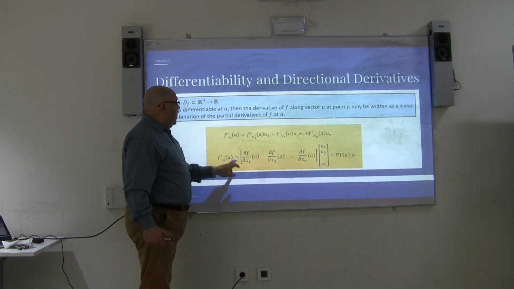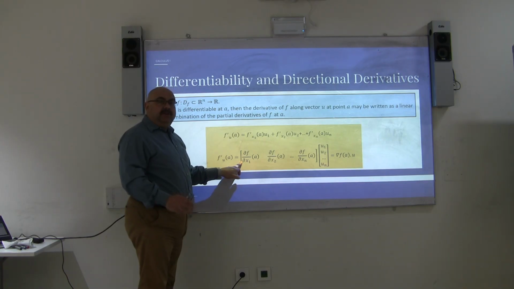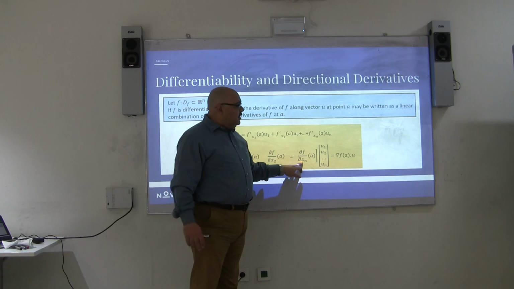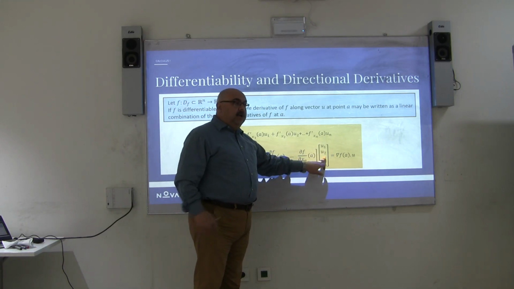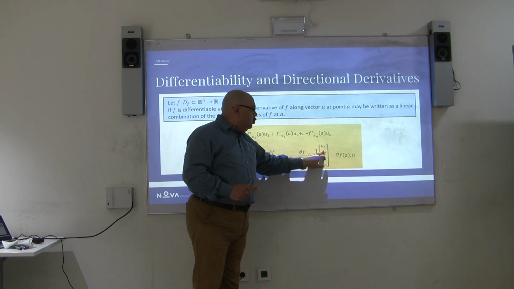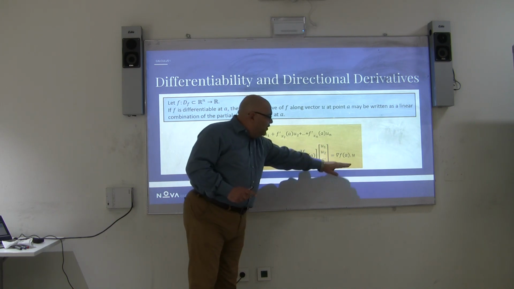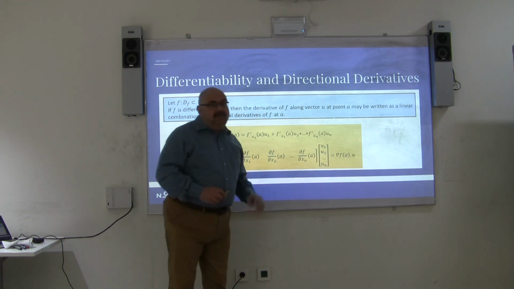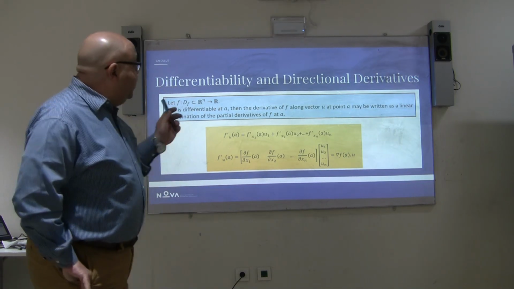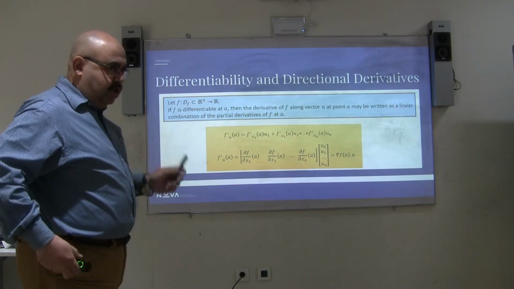So instead, I will have the gradient vector not in 2 dimensions, but up to n dimensions. And in this case, I will multiply it by the unit vector, which also contains n components. And that's the direct formula for evaluating the directional derivative in its generalized form.